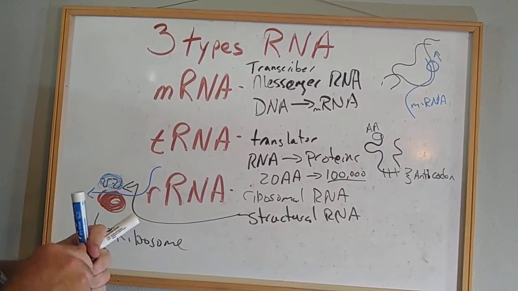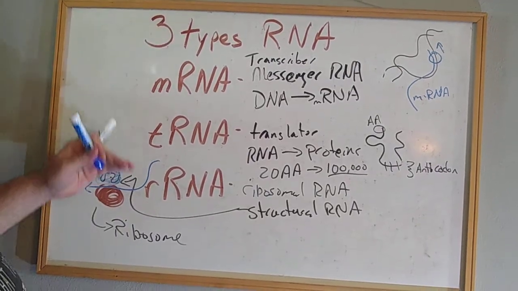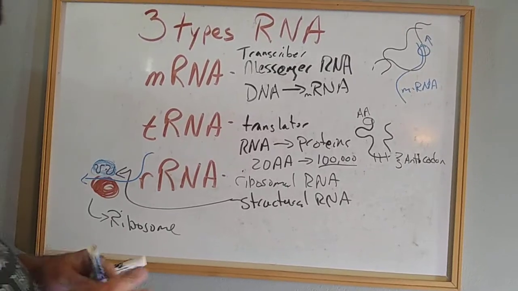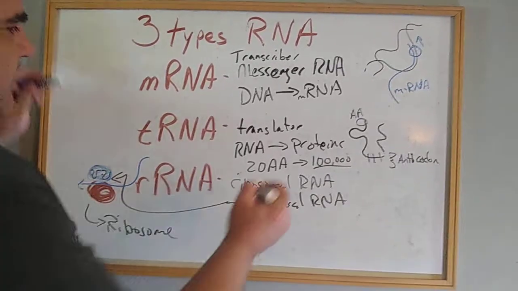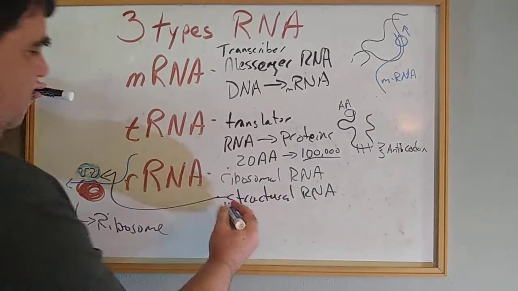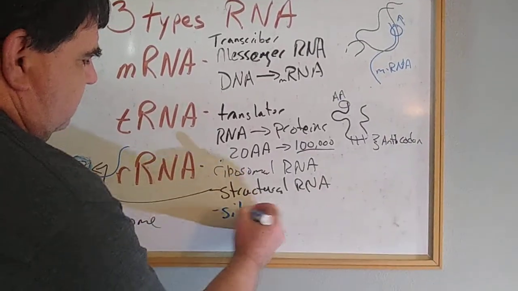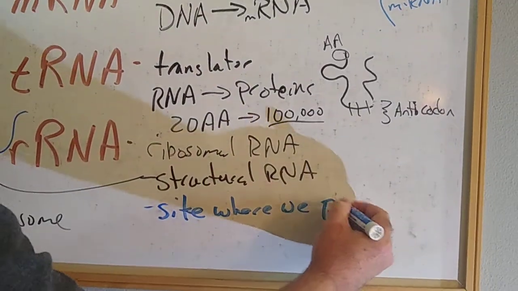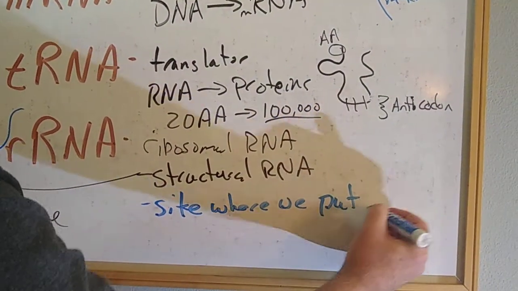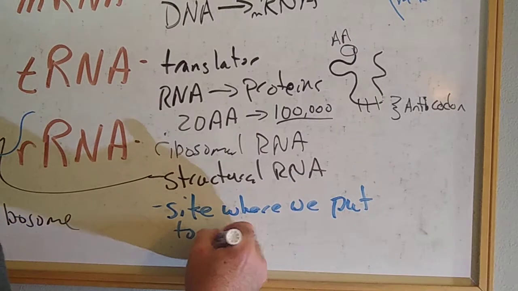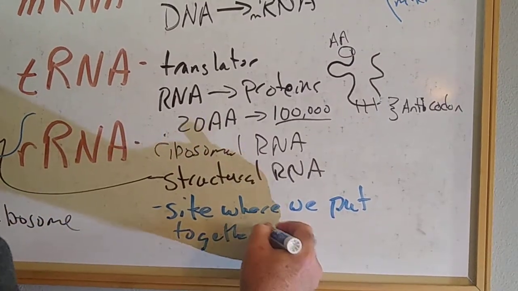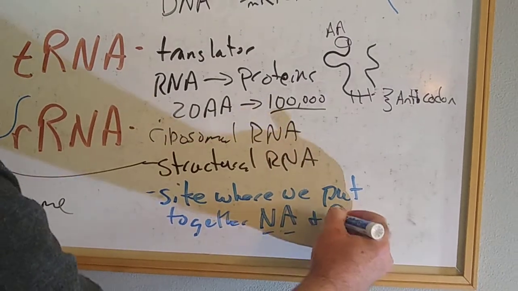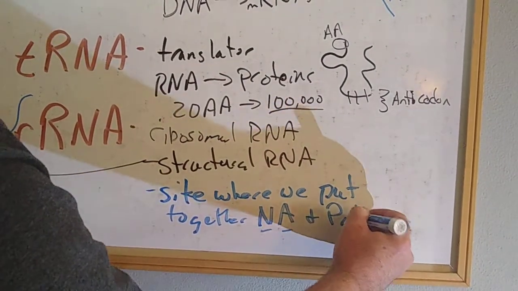But this is the three types of RNA. We have a ribosomal RNA, which is going to help with protein production. Okay, this actually is the site where we put together our nucleic acid language and our proteins.